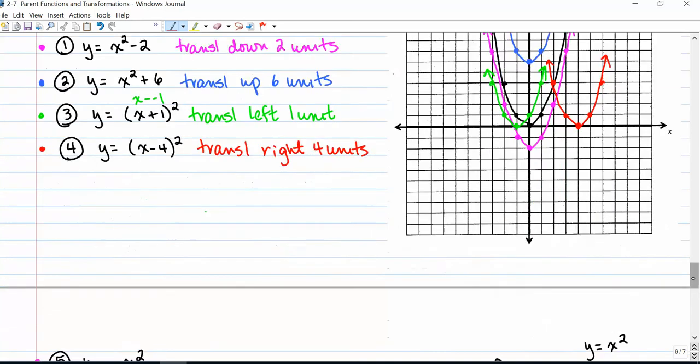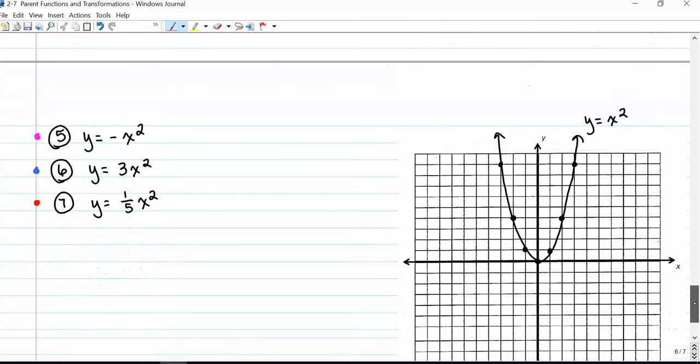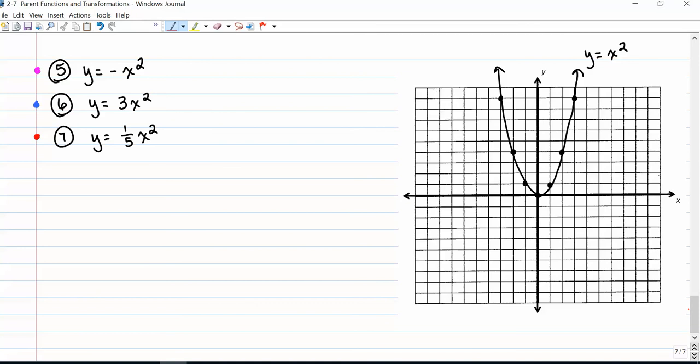The next one I want to take a look at is these are going to be a reflection and some dilations. So let me switch back to pink. Okay, so here we have y equals negative x squared, and this is going to reflect the graph over the x-axis.